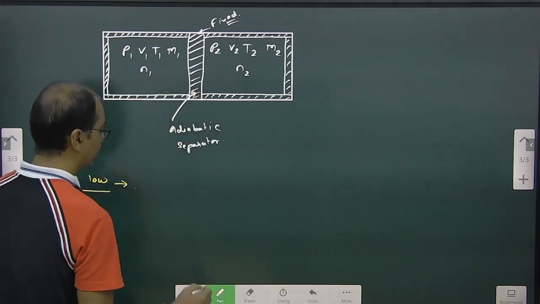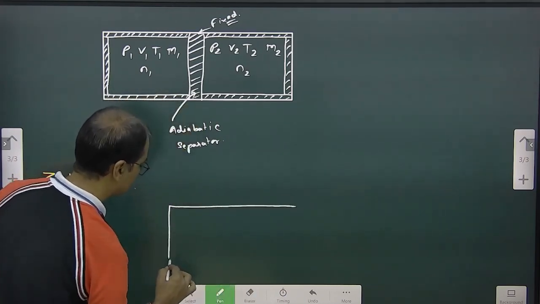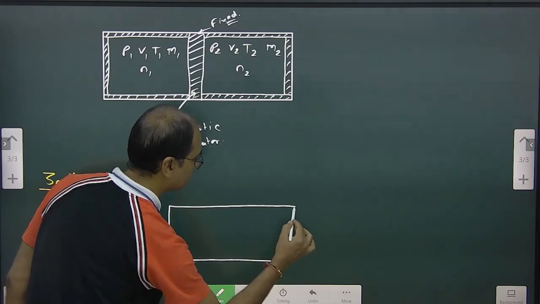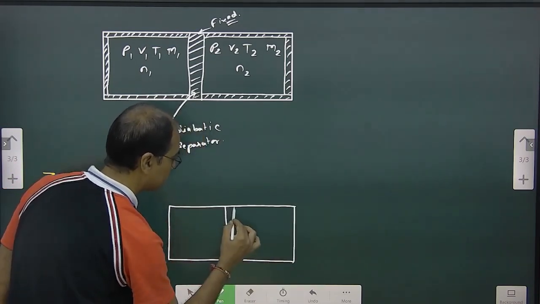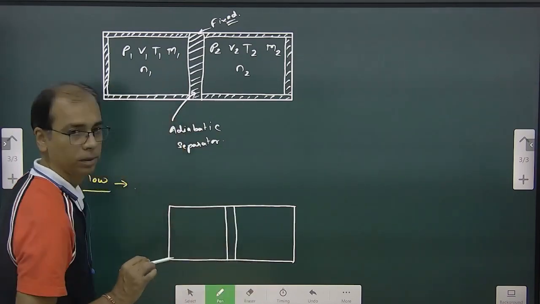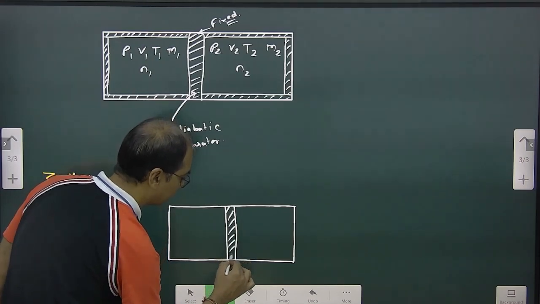Right. So we'll make the container first. Now this is an adiabatic wall, right? This is adiabatic.